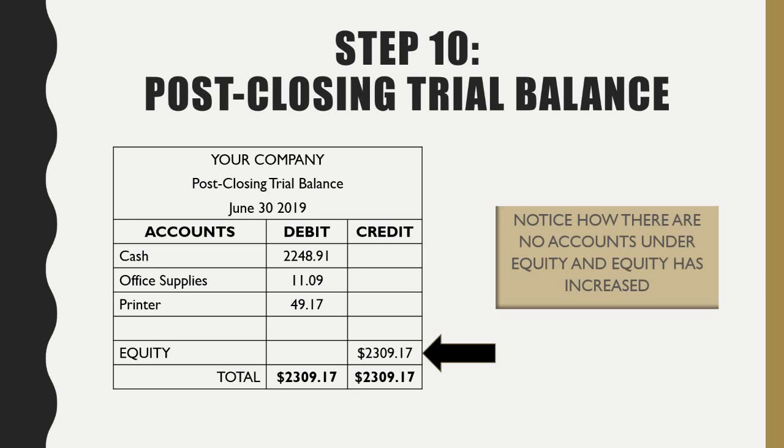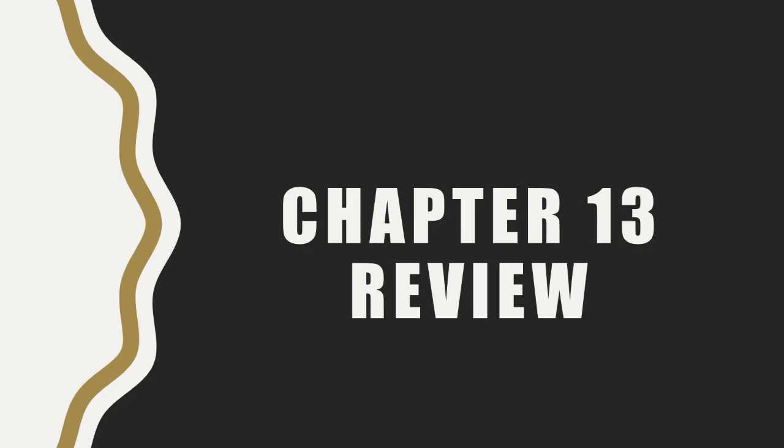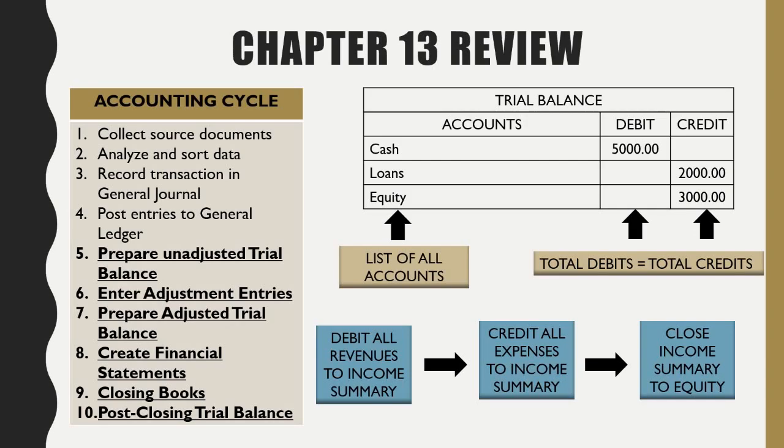That means your equity should match everything in your books. Therefore, your statement of equity should match, and your balance sheet equity should match. All right? Once we do that, we are done, and we can start the next accounting cycle. Any questions here?